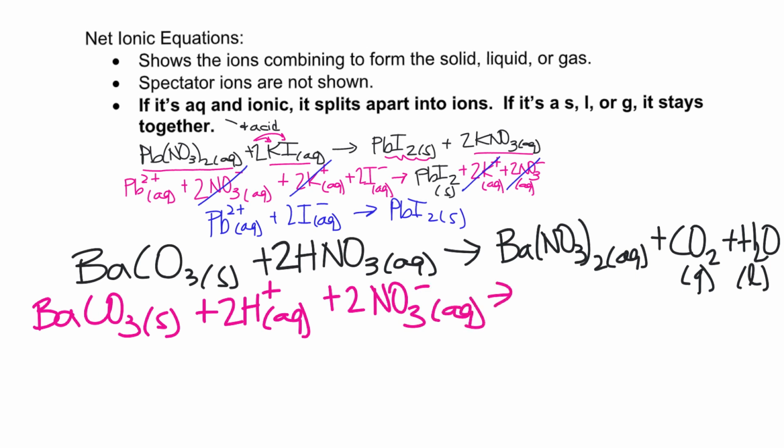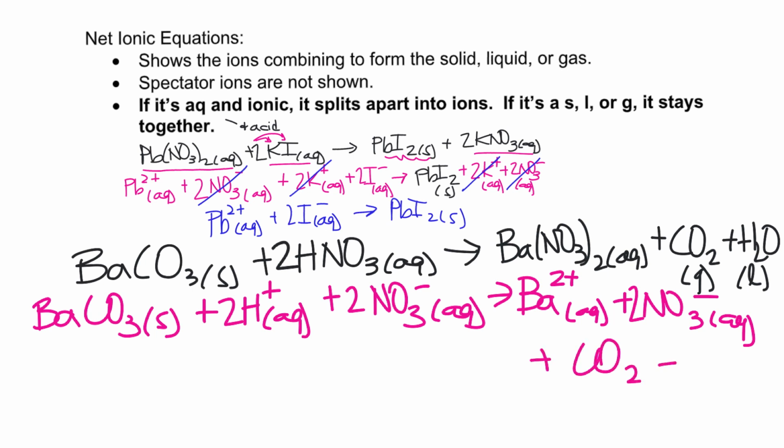And then on our product side, you'll have the barium nitrate splitting apart, and then you'll get 2 nitrate ions. Neither your CO2 nor your liquid water will split apart. They'll stay together.